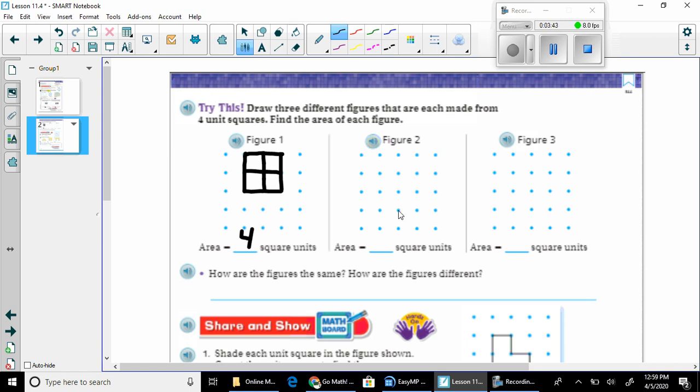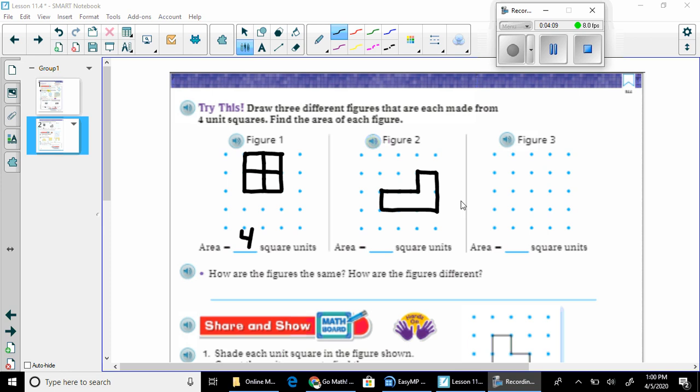Same thing for the next part, we're going to draw an area of 4 square units again, and go ahead and pause the video and we will compare our shape. Okay, so this is the shape that I drew for figure 2. Again, yours may look a little similar or different, but we should both have an area of 4 square units.